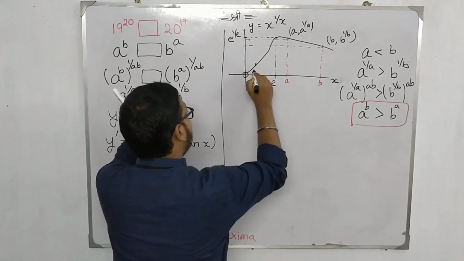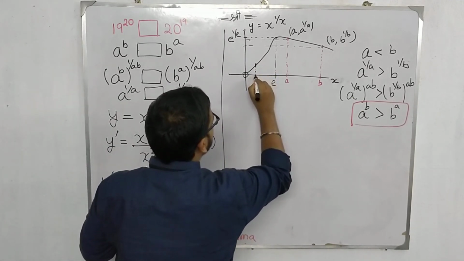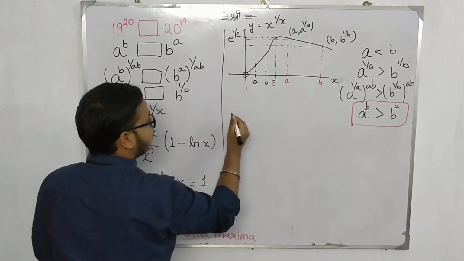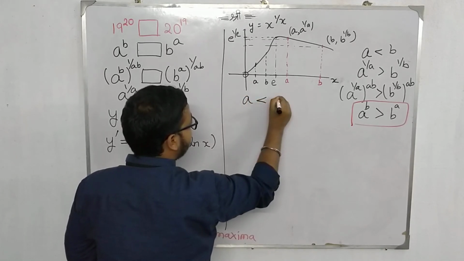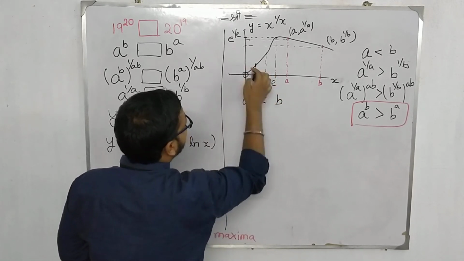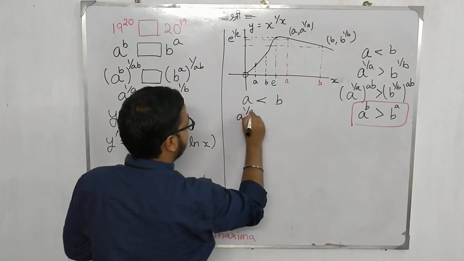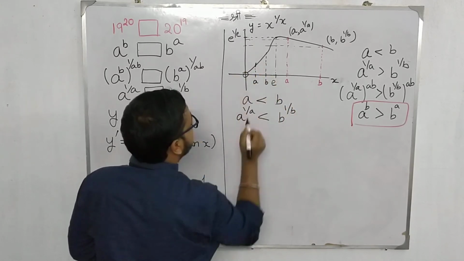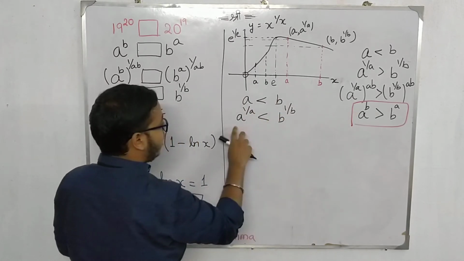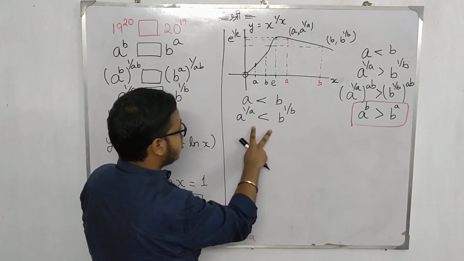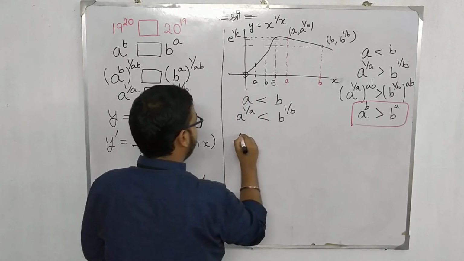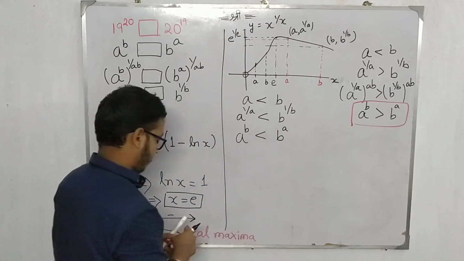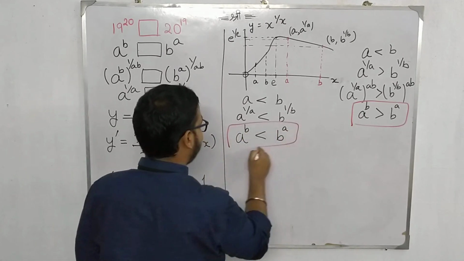Similarly, if I take the points a and b on the right side of e, so a is less than b, and if you see, a to the power 1 by a will also be less than b to the power 1 by b. So if you again raise both sides of the inequation to the ab power, we get a to the power b less than b to the power a. So this is the second result.